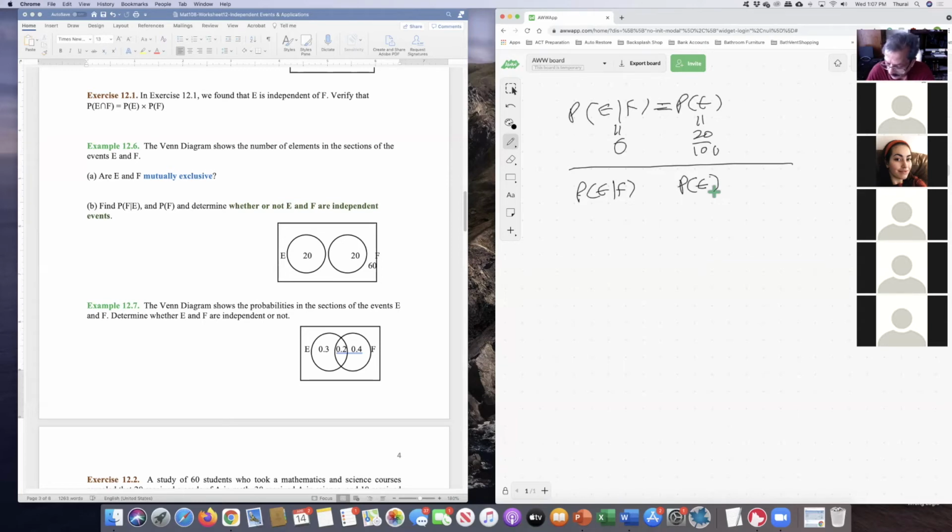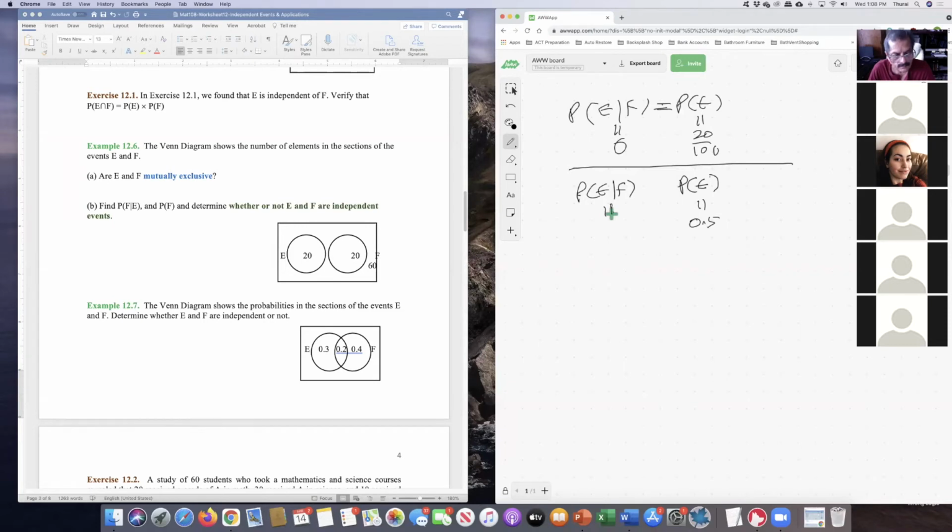So we can find probability of E first. What is probability of E? 0.5. You have to add the 0.3 and 0.2 to get the probability of E. And probability of E given F would be what?